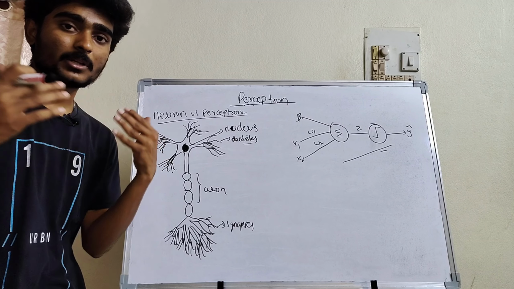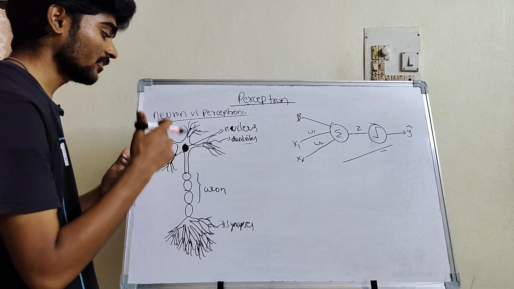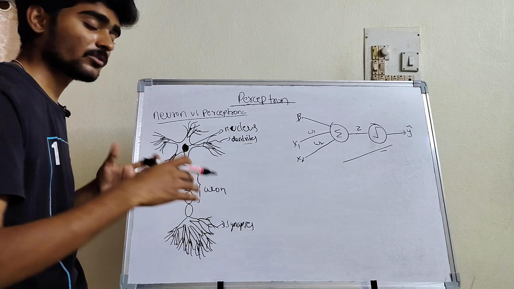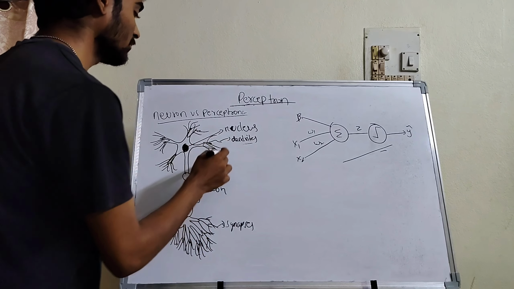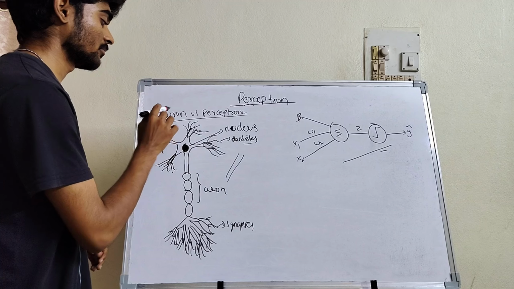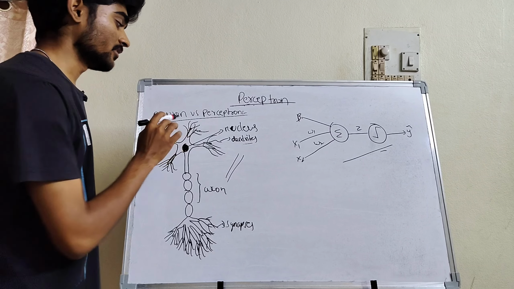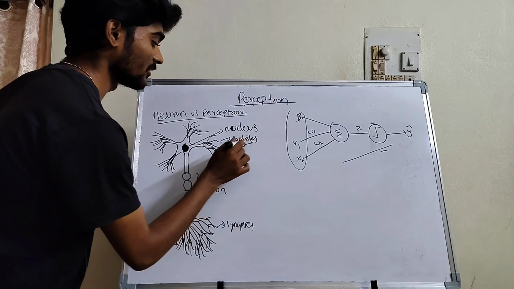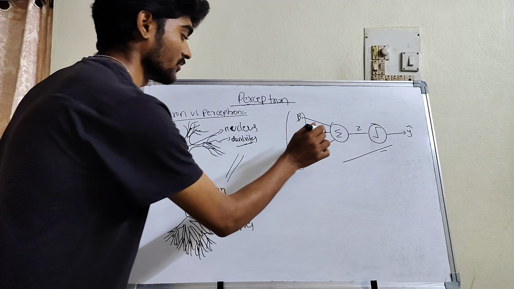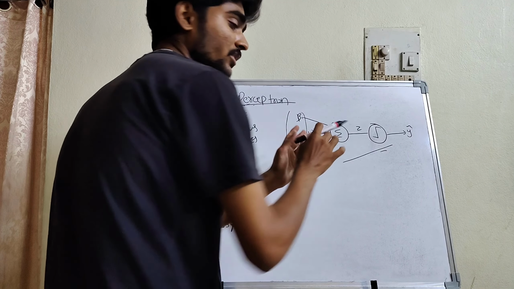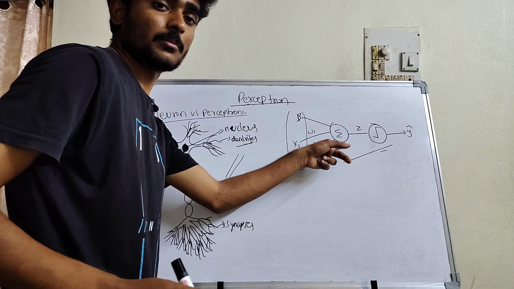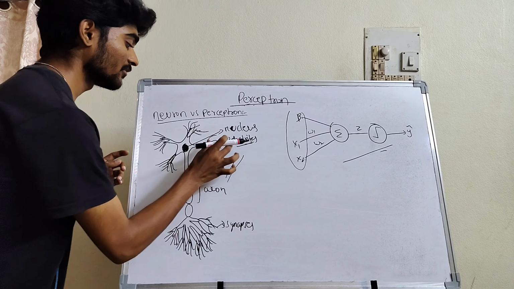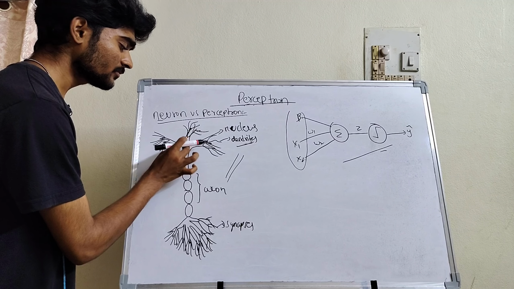In a similar way, there are millions of connections in a human brain. So input from one neuron passes through millions of neurons. This is the basic biological structure of a neuron. Now let's see the perceptron. In a perceptron, this is your input. Similar to the dendrites, these are your input connections. From these input connections, the data leads to a weighted sum calculator, similar to how the dendrites pass the information to the nucleus.